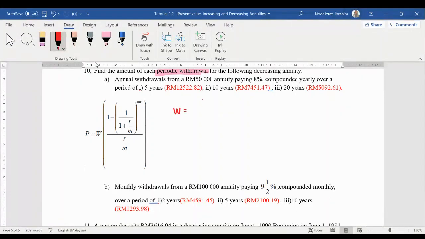W equals the present value divided by 1 minus 1 over 1 plus R over M to the power of MT, over R over M.